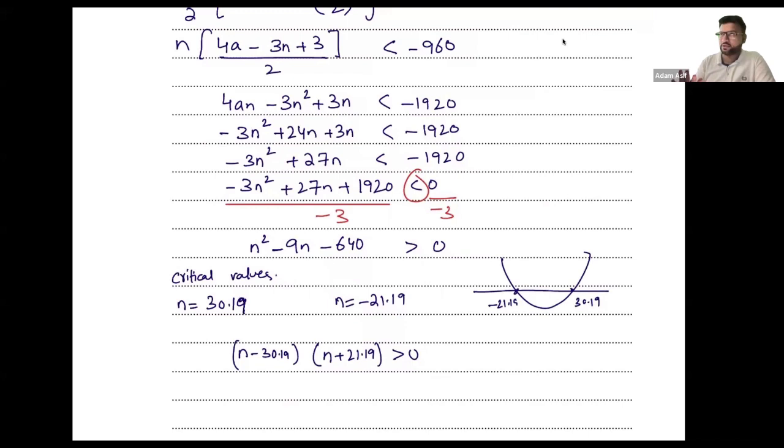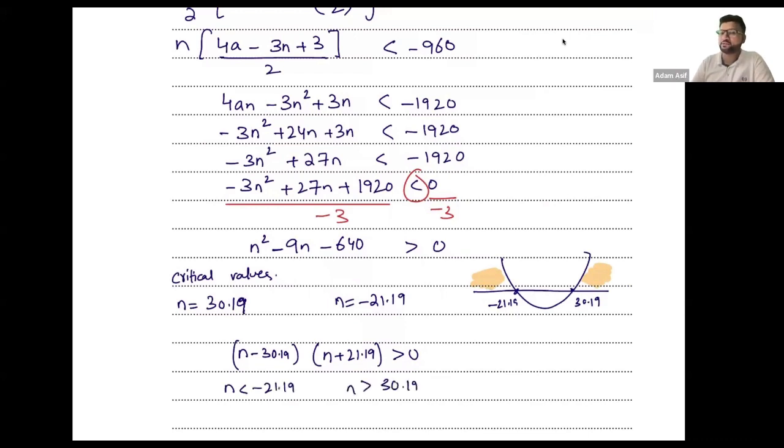If this was just an inequality and n would not be representing any number of terms, then the solution would be this region: n is less than minus 21.19 and n is greater than 30.19.